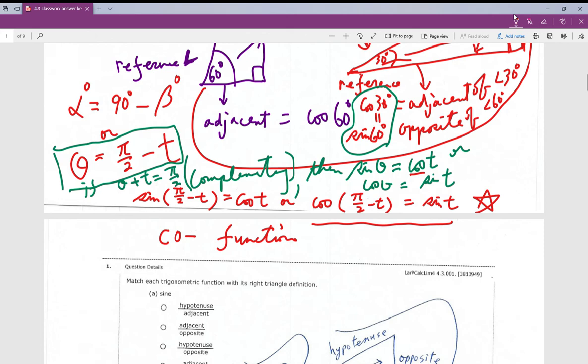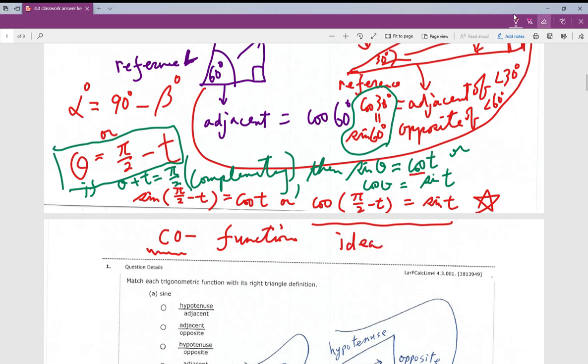And I would like to formally introduce the sine function, cosine function, and tangent function, and we pay attention to our names. The names always involve the cofunction idea.